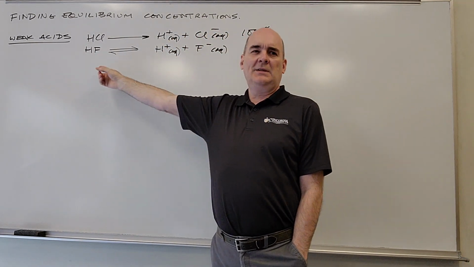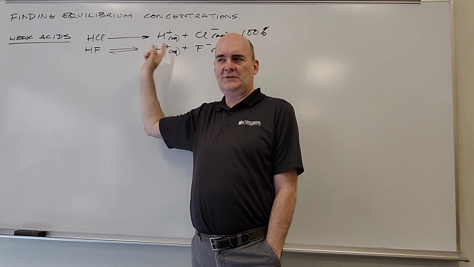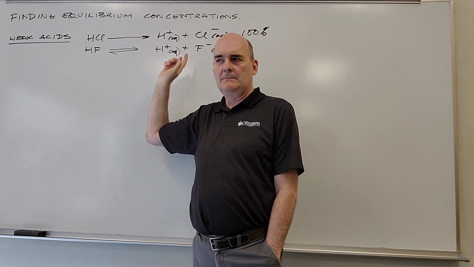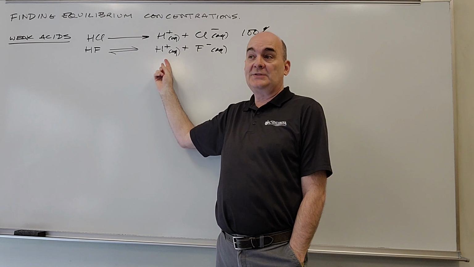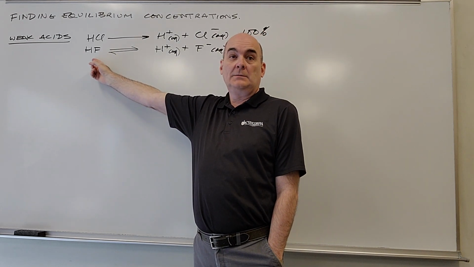If this is an acid and that's an acid, then we're going to have a problem, because we're calling this two different things by the same name. That's the acid. H plus is the acid. They call that the free acid.